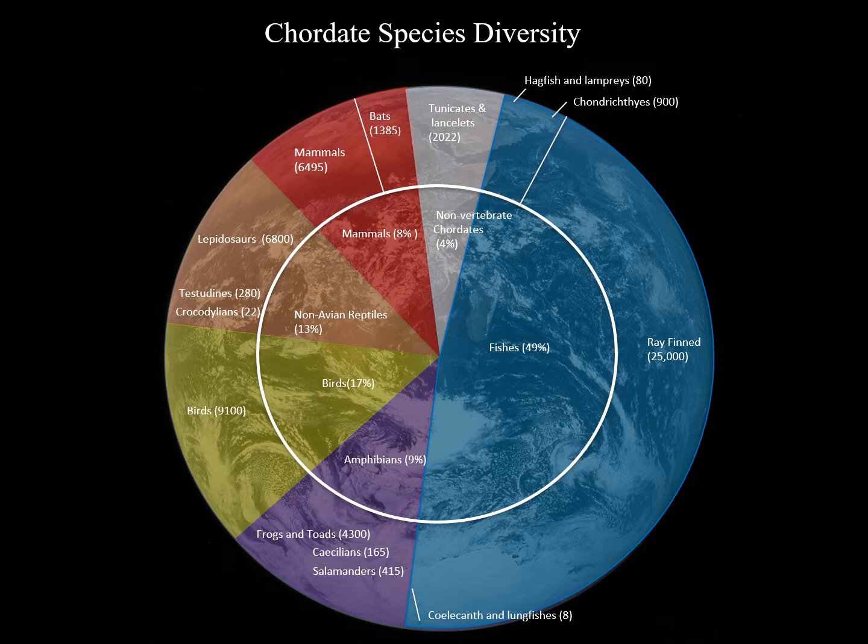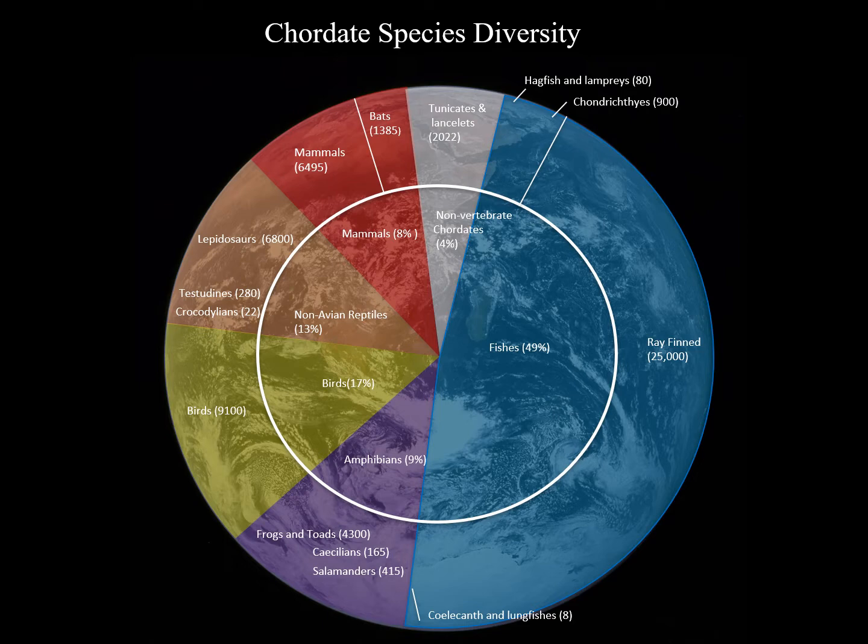There are over 25,000 species of ray-finned fishes. And then there's another type of fish, the lobe-finned fishes, from which terrestrial animals or vertebrates arise. And there are a few remaining lobe-finned fishes that include the coelacanths and the lungfishes. So there are only 8 species of those.